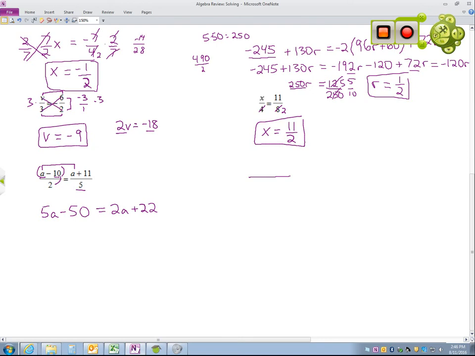From here, I want the variable terms to be together, so I'll go ahead and move them this way. And then I'm moving the constants away from the variables. So I have 3a equals 72. Dividing that by 3, we're left with a equals 24. Okay? All right.